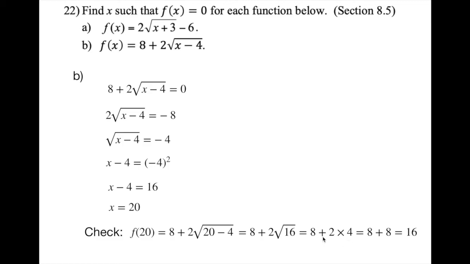So 8 plus 8 is 16, which is not 0. What you want to solve is f(x) equal to 0, but if you plug in x equal to 20, that makes your function not equal to 0. That means x equal to 20 is not a solution, it's an extraneous solution.